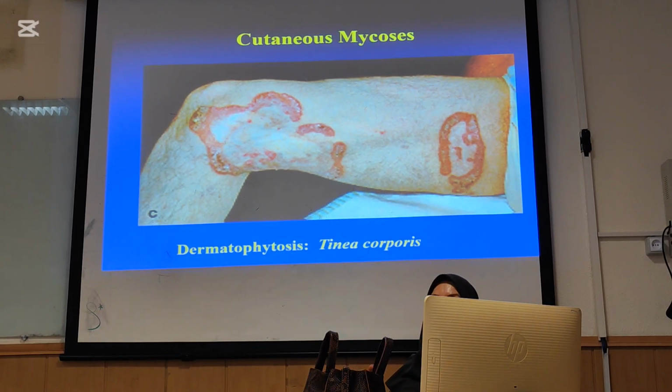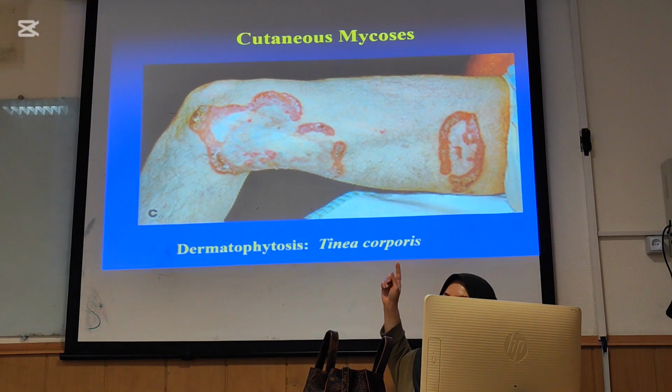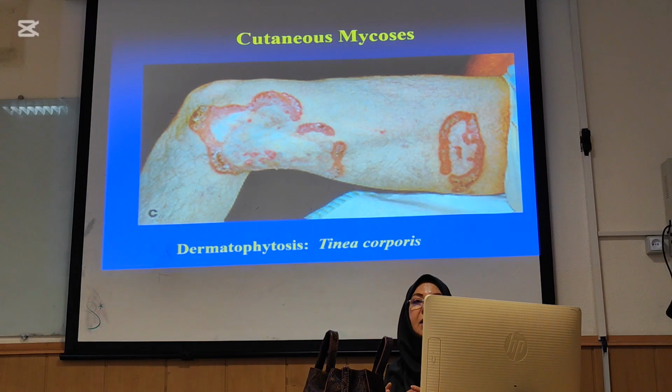So dermatophytosis of the body is named tinea corporis. Corporis means trunk or body. And as you see, you can see some lesions of dermatophytic agents in the thigh.